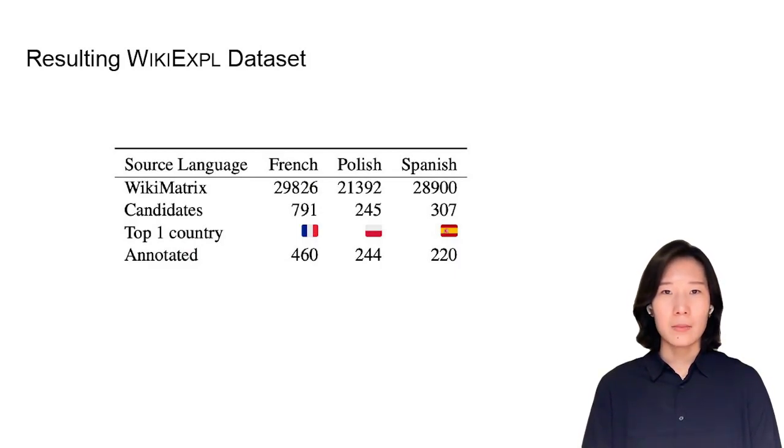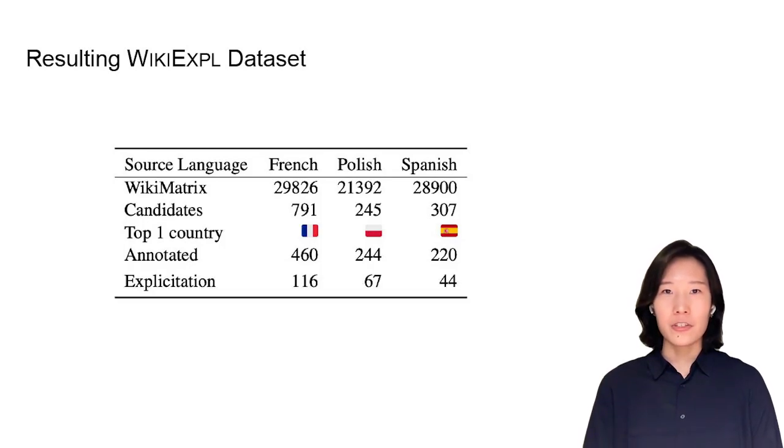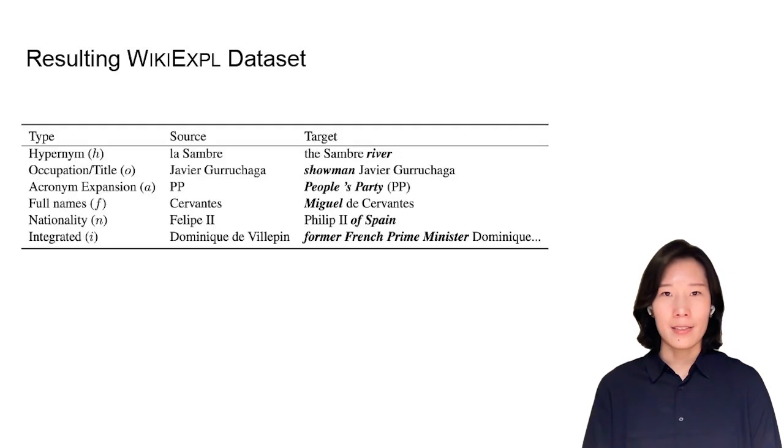France, Poland, and Spain are the countries that are most frequently associated with the candidate entities for each source language. Cultural explicitation in the final row is quite rare in the corpus and shows a low extraction rate. However, it is sufficient to let us reason about when explicitation is necessary and let our automatic method learn how to generate it.